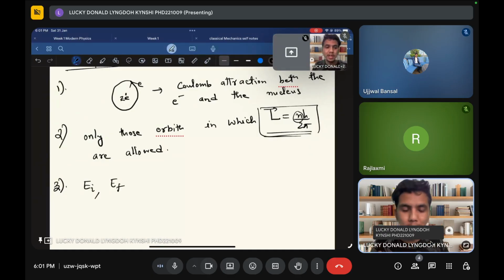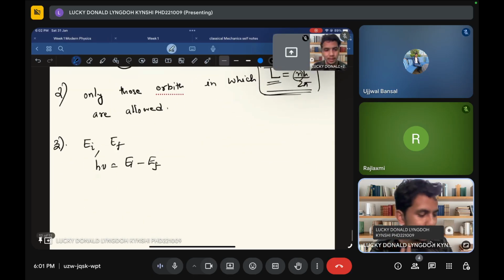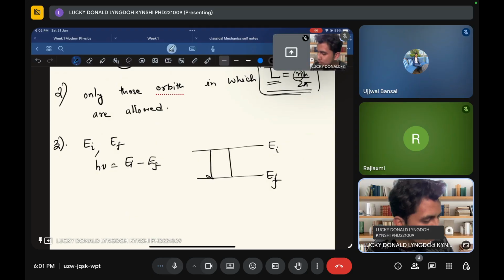Then the energy of the radiation emitted is h mu equals E_I minus E_F. That is Bohr's postulate: whatever the transition of the electron, the energy h mu is equal to E_I minus E_F.